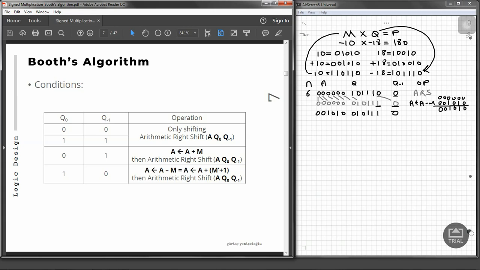Now, as we have done arithmetic right shift at the beginning, our n is going to be 5 over here. Then we do another arithmetic right shift after we have got the arithmetic operation.